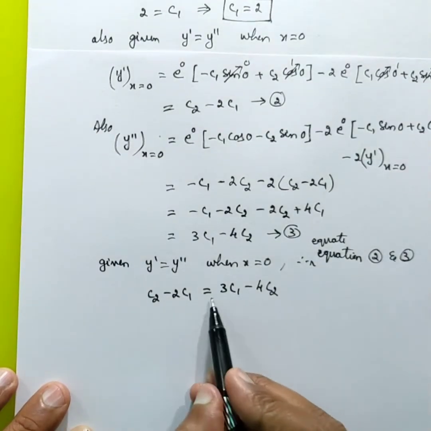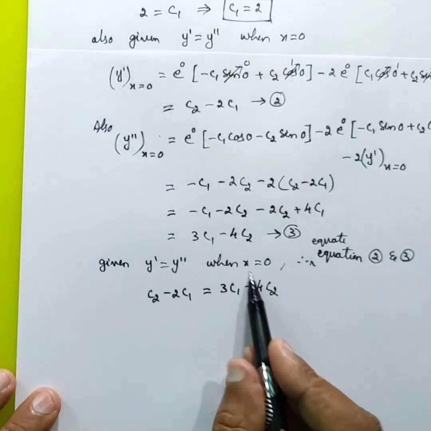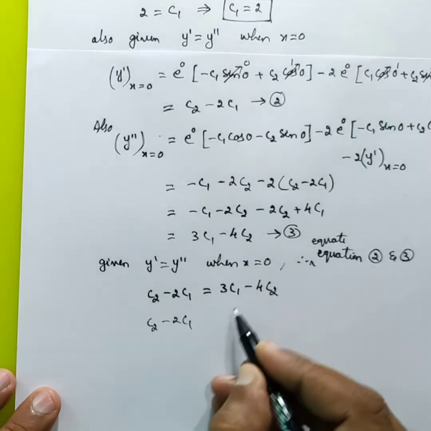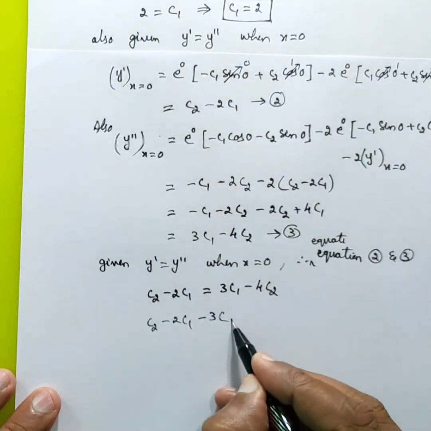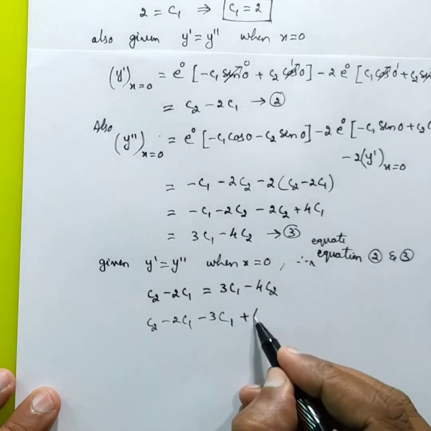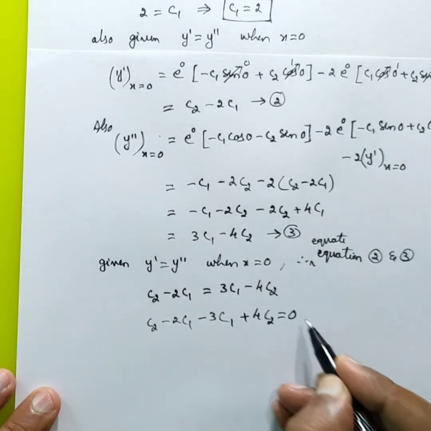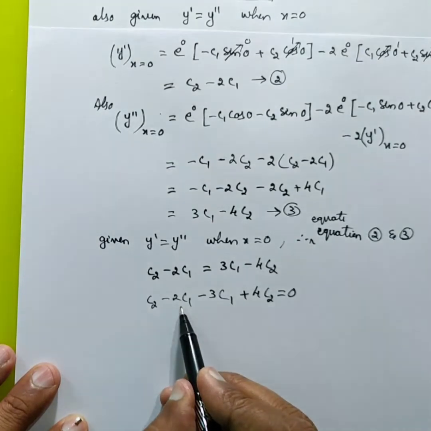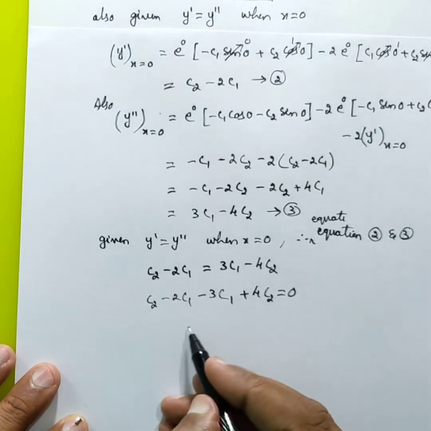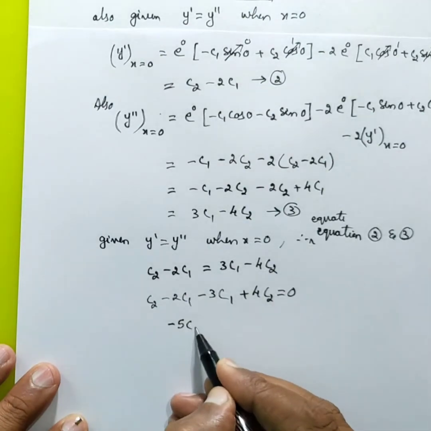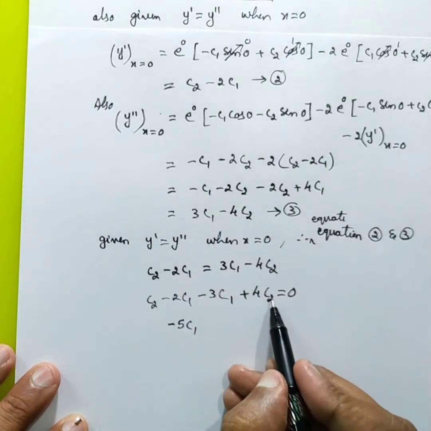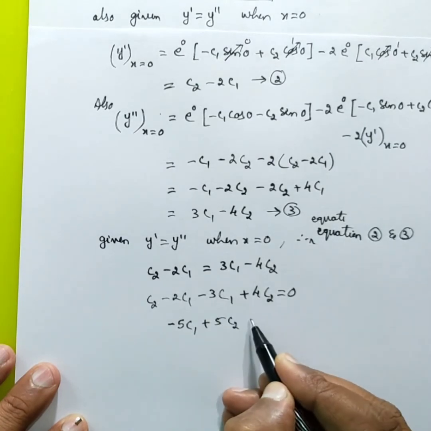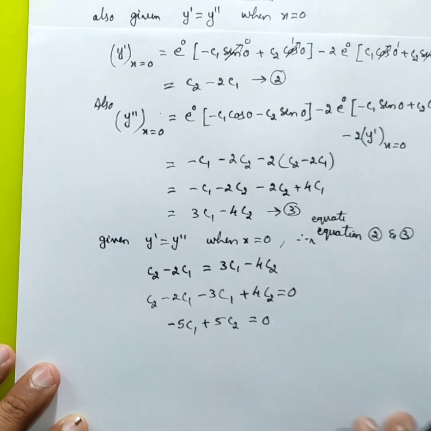Let us group the like terms and take all the values on the left hand side. You have c2 minus 2c1 minus 3c1 and minus becomes plus 4c2 equals 0. So minus 2c1 minus 3c1 will be minus 5 times c1, and 4c2 plus c2 will be 5 times c2, equal to 0.